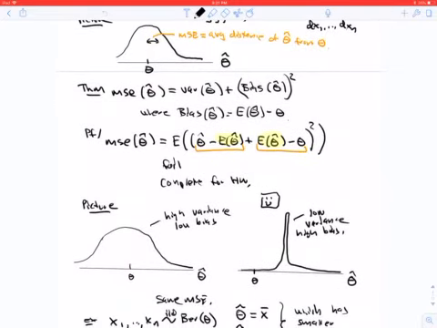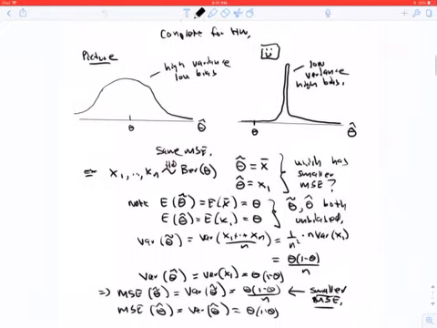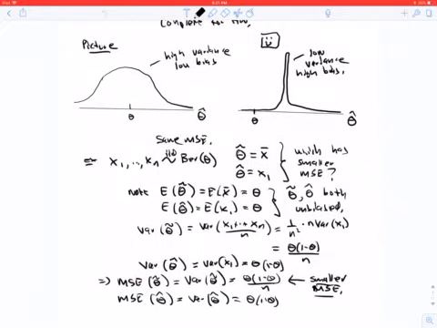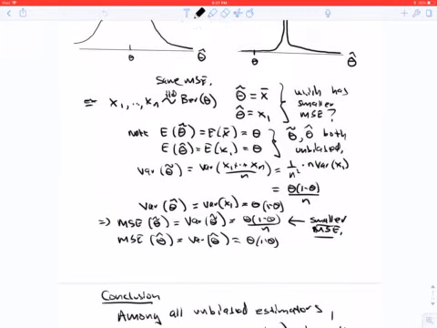An important property is that it's the variance of the estimator plus the bias of the estimator squared, something you'll show for homework. So with the same MSE, you can have an estimator that has high variance, low bias, or low variance, high bias.